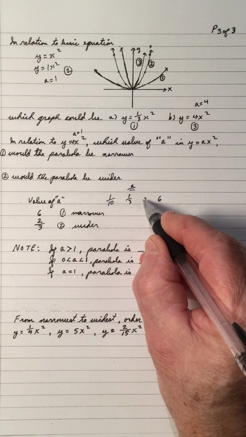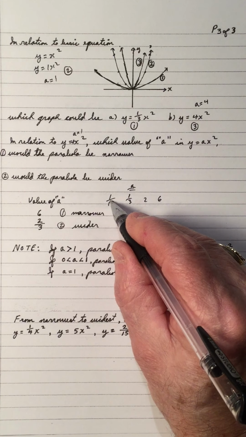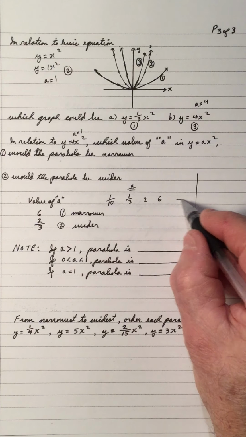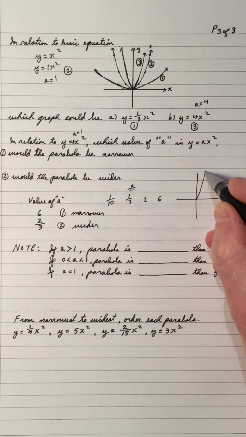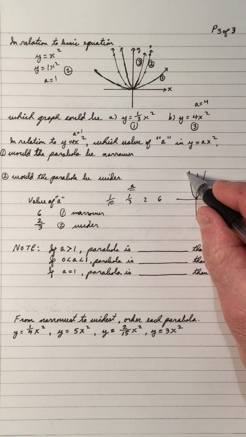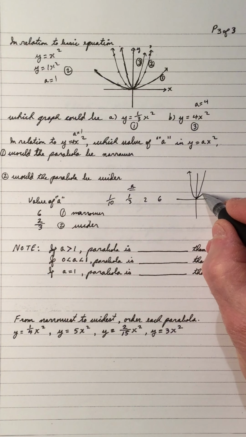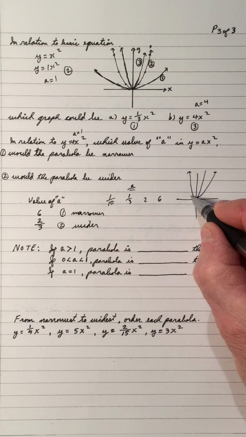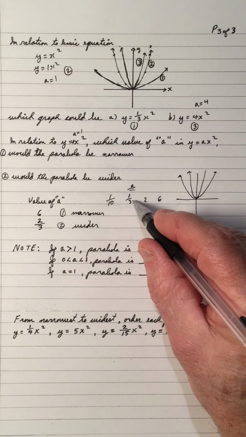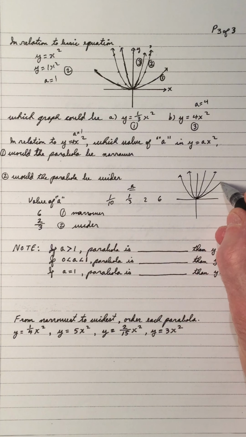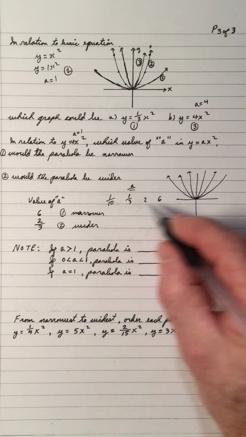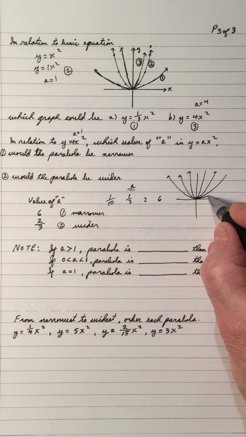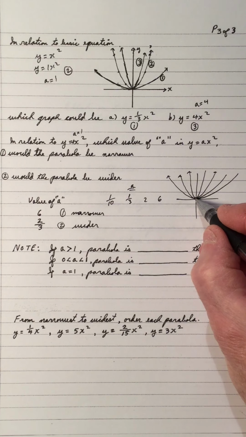This is the next one, and this is the next one, and this is the next one. So if A is 6, the parabola is right close. If A is 2, the parabola moves out further. If A is 1/3, the parabola is further out, wider. And if A is 1/10, it's only 1/10 as high, it's flatter again.